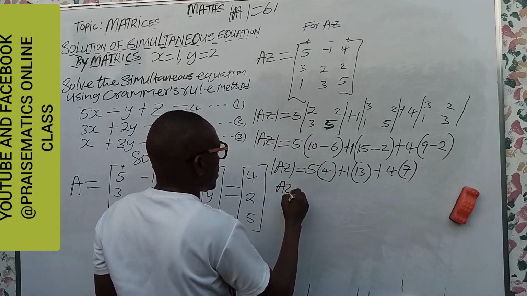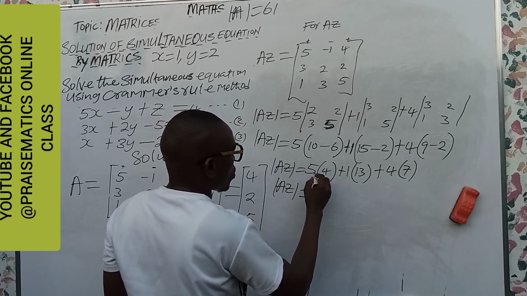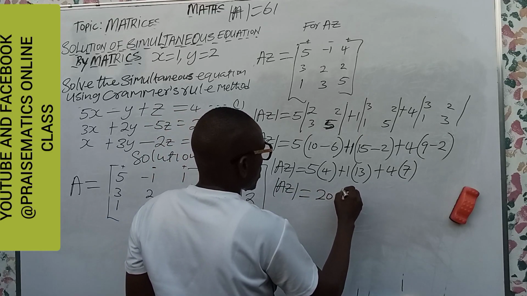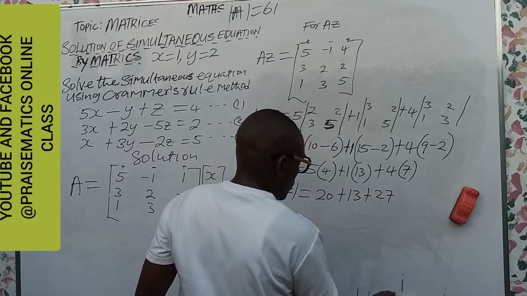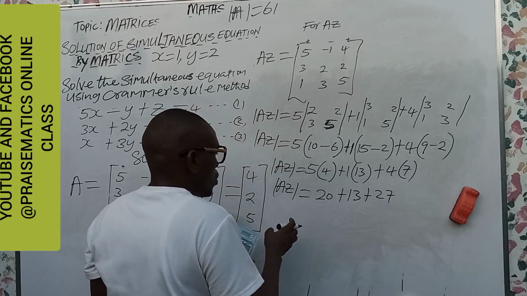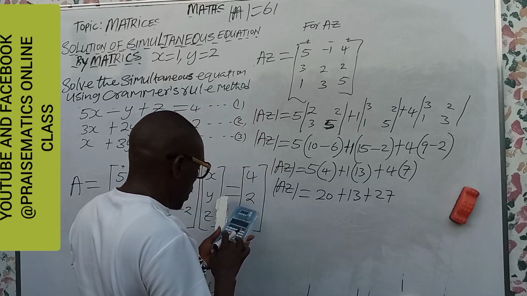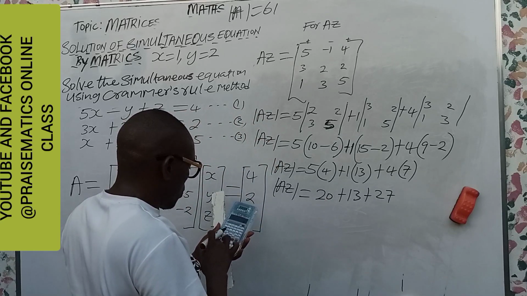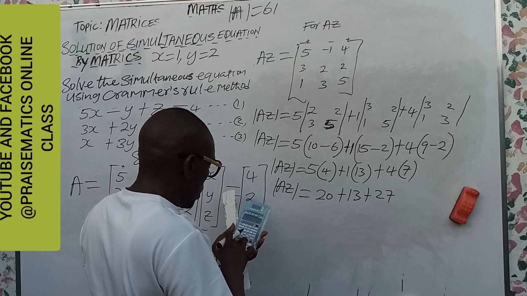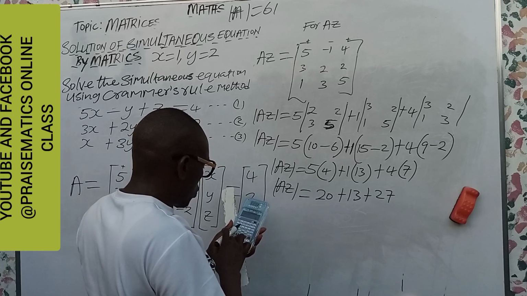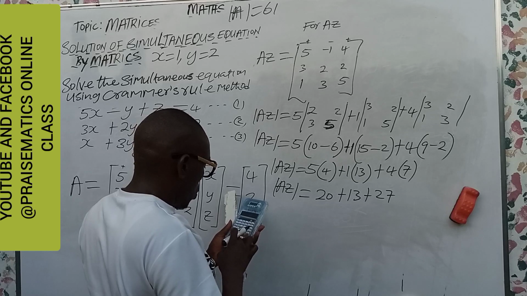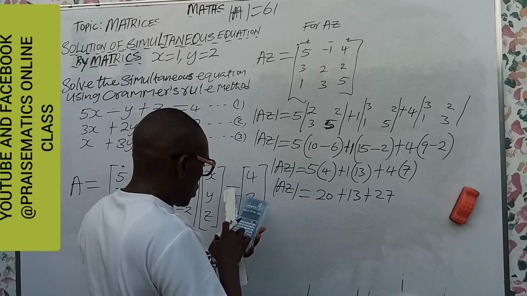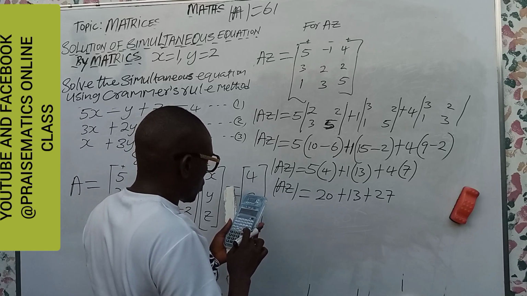Finally, our AZ determinant is equal to 5 times this 20. 20 plus 13 plus 27. Okay, 20 plus 13 will give us 33. 20 plus 13 plus 27 equals 60.